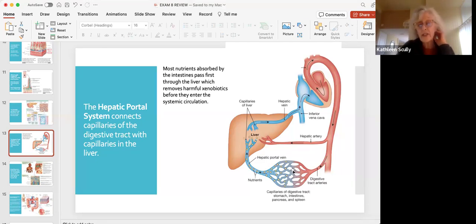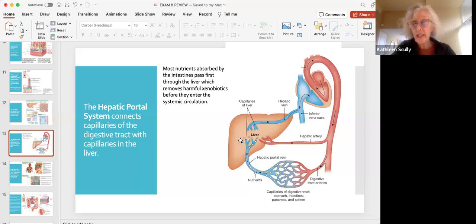Nutrients and other materials that are absorbed from the lumen into the capillaries are going to move from these capillaries, which are going to coalesce into something called the hepatic portal vein. Portal veins connect capillary beds. So the hepatic portal vein connects the capillaries in the digestive tract with the capillaries in the liver.